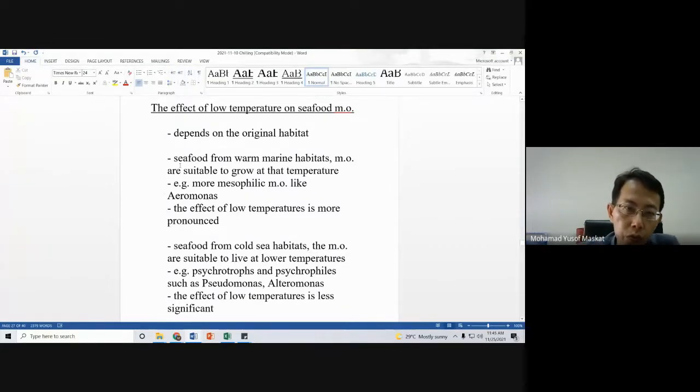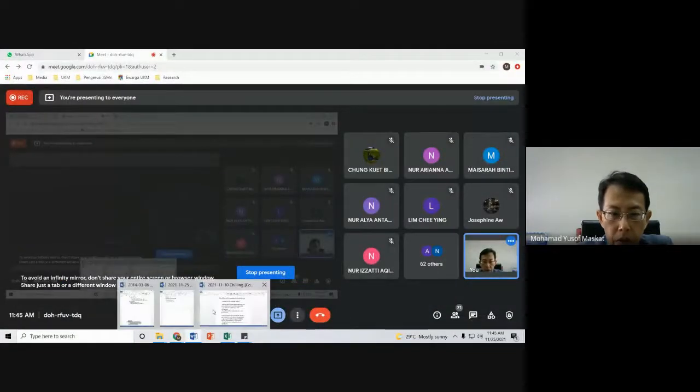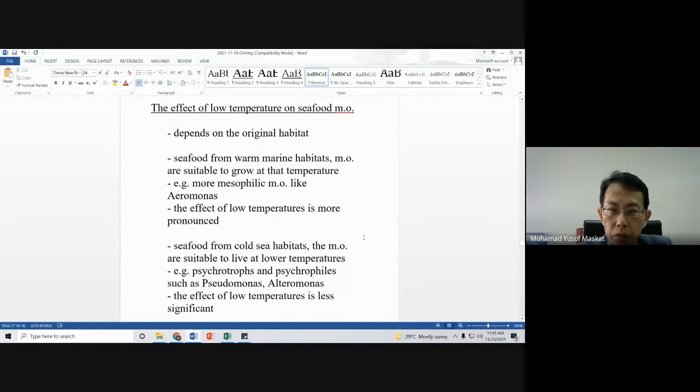Okay, so seafood from warm marine habitats. When the seafood lives in warm marine habitats, of course, we would expect that the microorganisms present in that particular seafood are microorganisms that are adaptable to warm water, warm temperature. So usually it will be mesophilic, Aeromonas, for example.